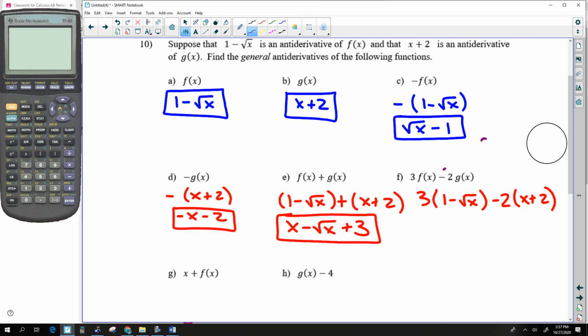Again, we're not quite there yet, but we're getting pretty close. So 3 minus 3 root x minus 2x minus 4. And so this is going to be negative 3 root x minus 2x minus 1.